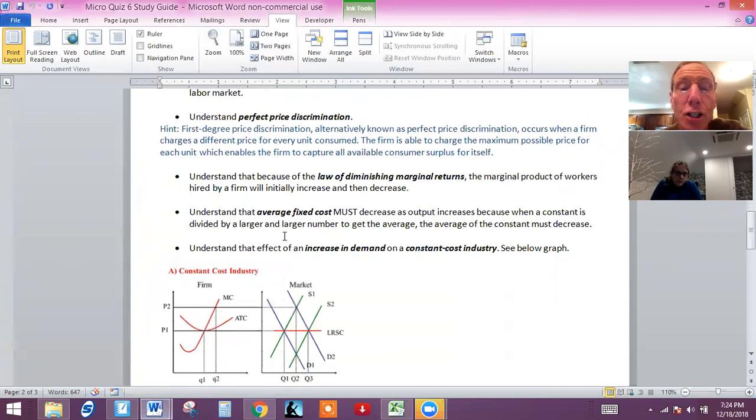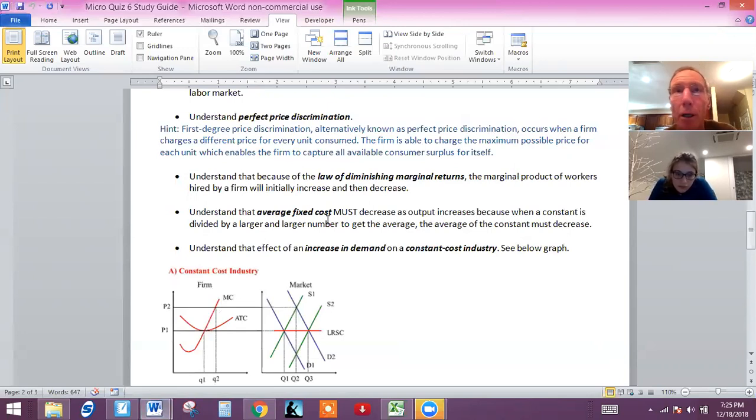Now, this is just thinking about what is average fixed cost, right? Fixed cost is, if I'm going to build a factory, everything I had to pay for before I produced anything. The land, the building, the machines have to be purchased and built and paid for before any of the cost of production comes into it at all.